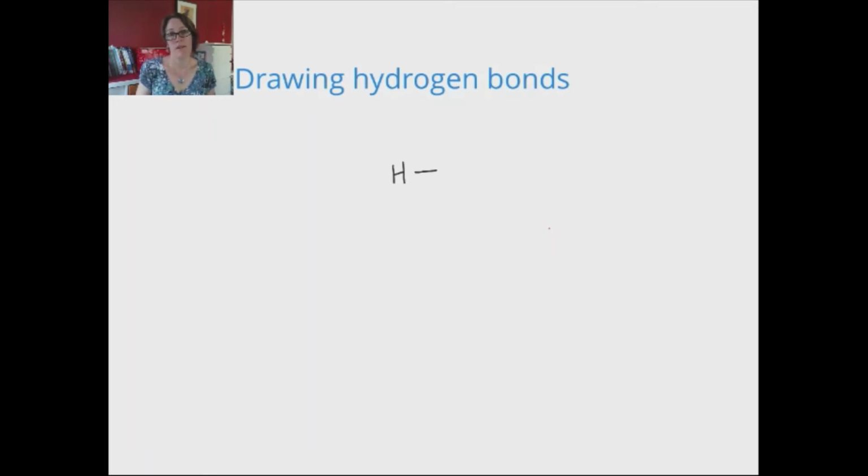density. So when it comes to drawing hydrogen bonds, there are three things we need to consider. The first thing is the dipole on the hydrogen that is attached to an oxygen, a nitrogen, or a fluorine. The second thing is the lone pair on the other oxygen, nitrogen, or fluorine, so the other element that's electronegative.